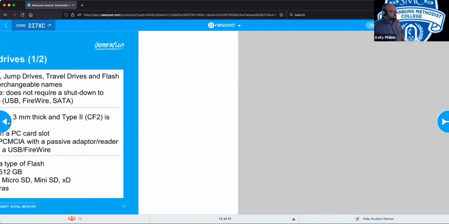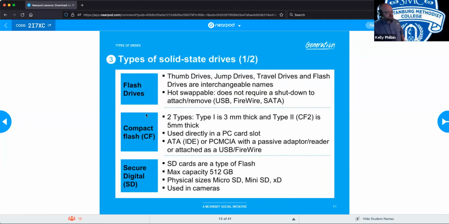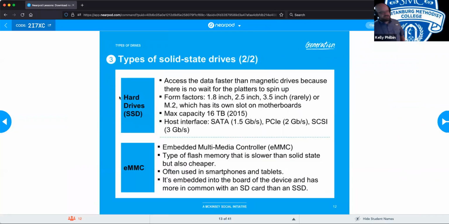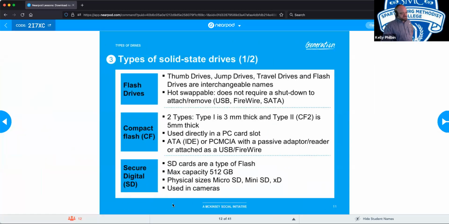Going back, we have our flash, compact flash, SD or secure digital, your standard hard drive SSD, and then your eMMC, which is slower, but utilized more in tablets and phones. Android utilizes the eMMC, but they essentially backfill it with SD cards to expand your memory.